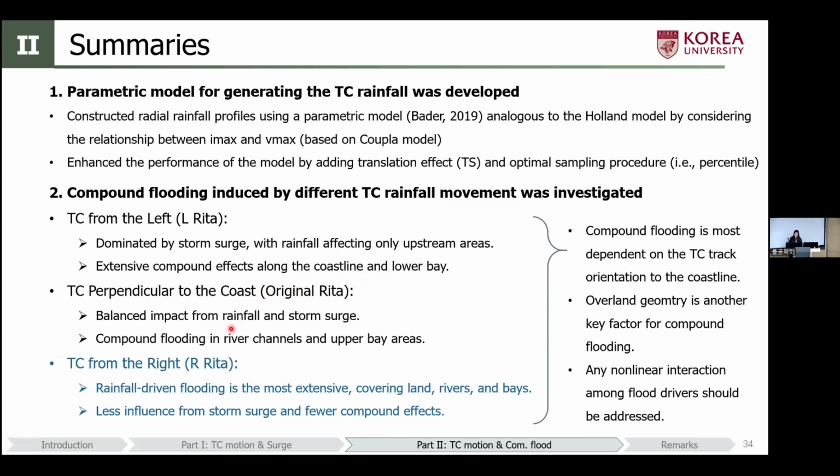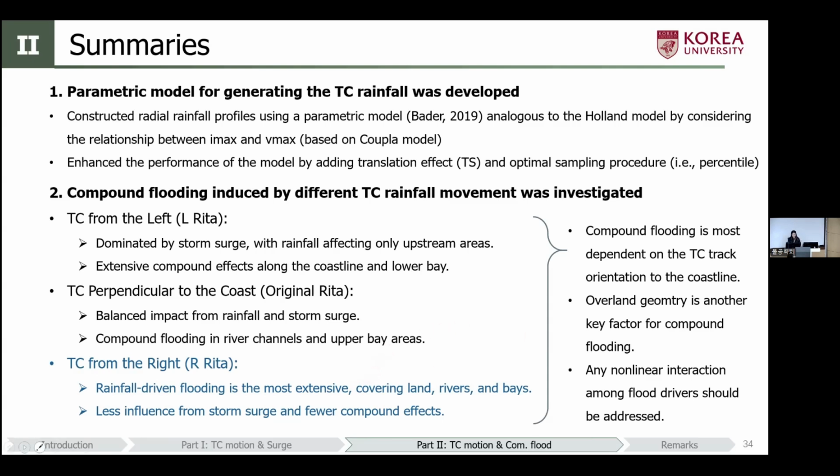And for the TC from the right-hand side, we find that rainfall-driven flooding is the most extensive, covering the land, river, and bays. That means if a future typhoon in this case makes landfall at the right angle, it will cause heavy inland water and inundation depths.